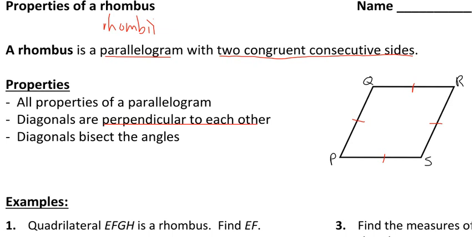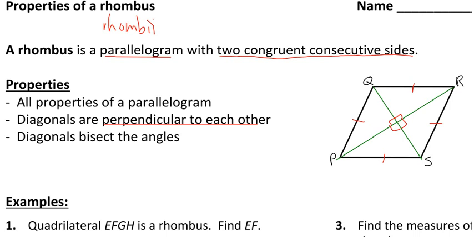So if we have diagonal PR like that, and diagonal QS, those two diagonals are perpendicular to each other. So that means here we have right angles all over. So right angles all over the place here.